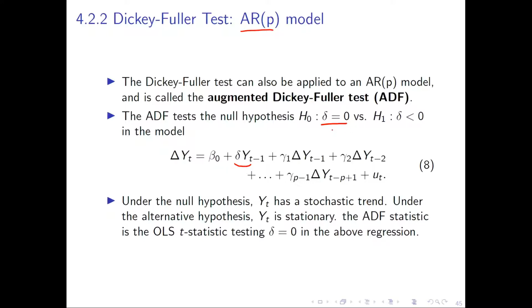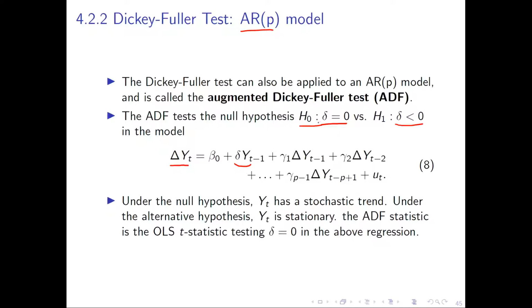And if we reject the null hypothesis and adopt the alternative hypothesis of delta being negative, then we say that yt is stationary. And if we find that we cannot reject the null of stochastic trend, then we continue working with the differences, because the differences should be stationary.